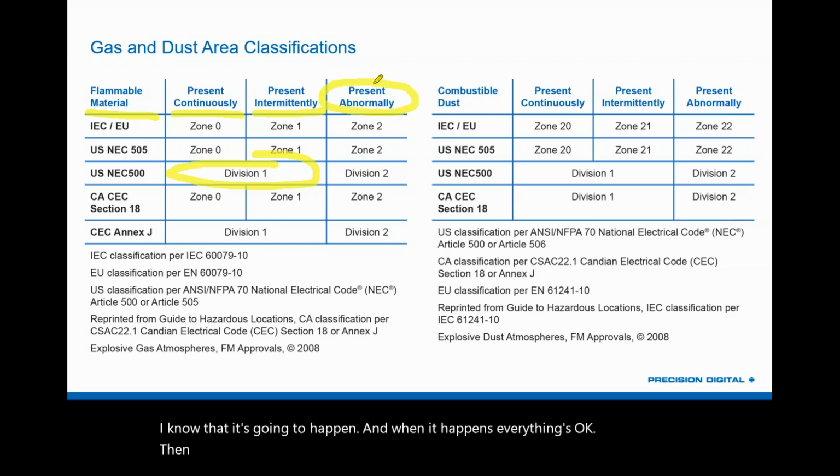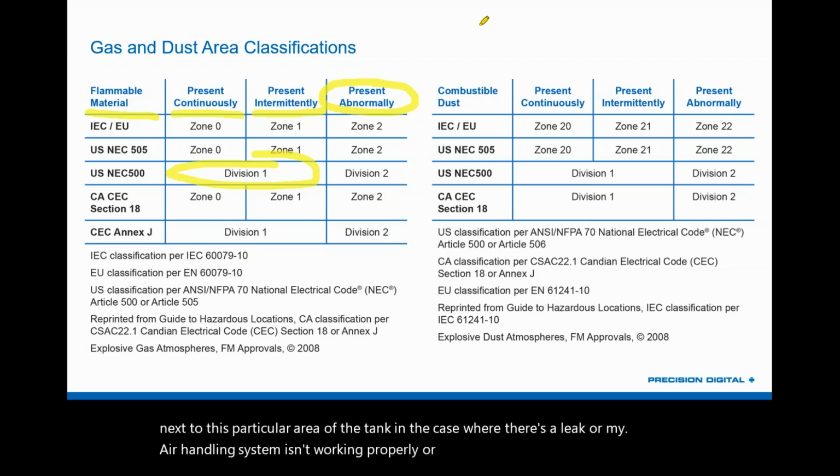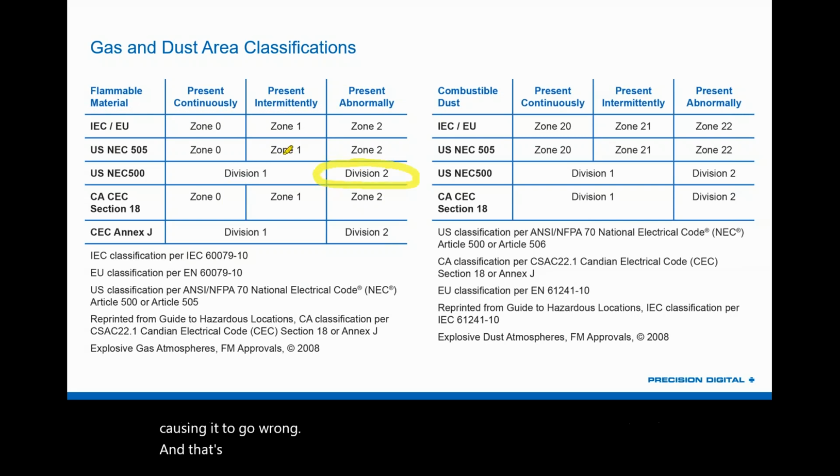Then you've got present abnormally, which means I'm only going to have gas next to this particular area of the tank in the case where there's a leak, or my air handling system isn't working properly, or something else has happened that's causing it to go wrong. And that's your Division 2, and that's your Zone 2.